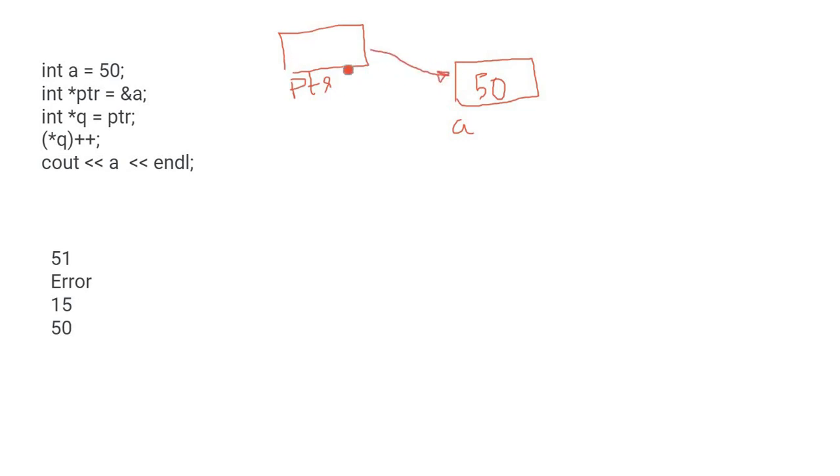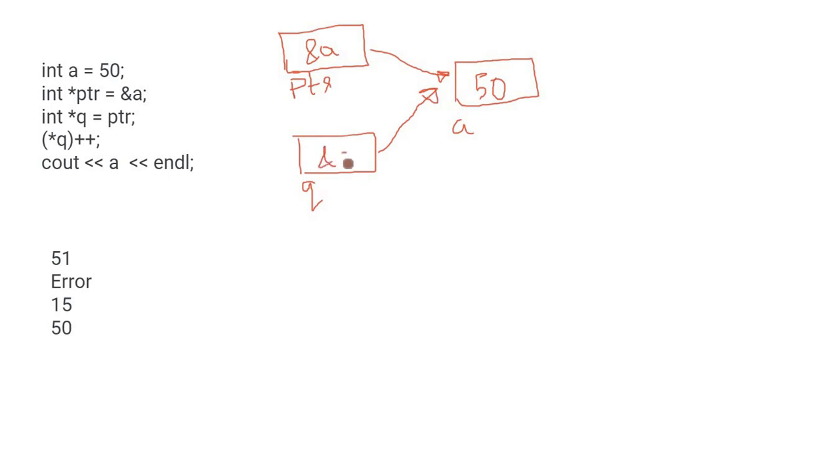A pointer is said to be pointing towards a variable if the address of that variable is stored in it. So we say that ptr is pointing towards A. Since Q is a copy of ptr, therefore Q also starts pointing towards A. Q is a separate variable.